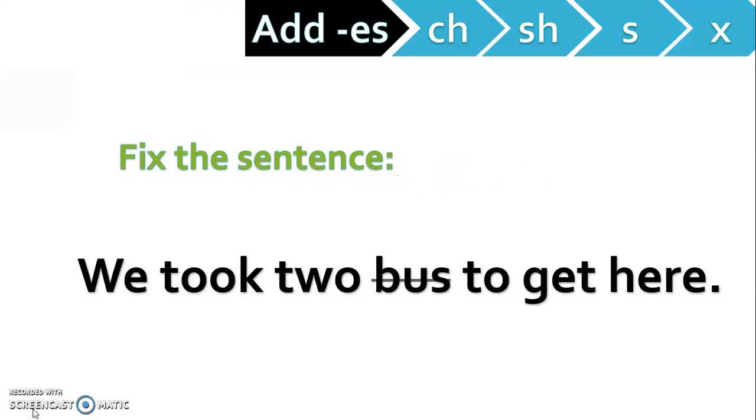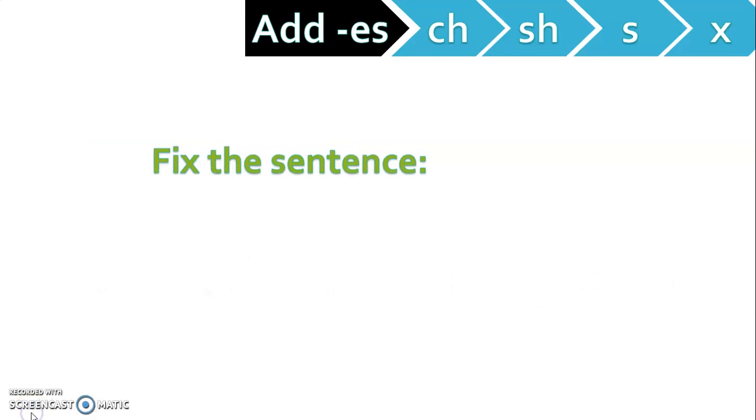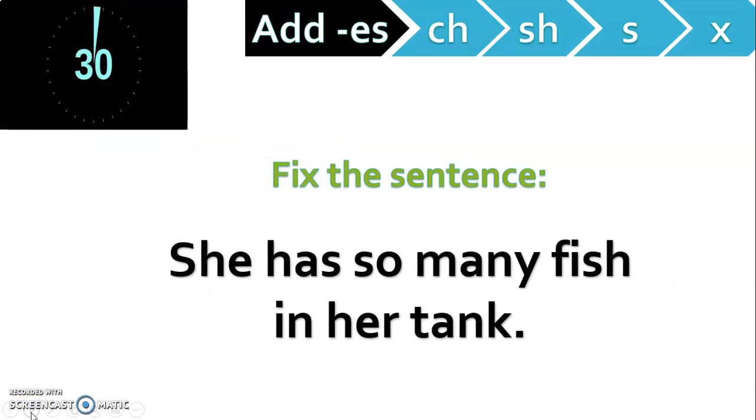All right, loves, let's see. So we took 2 buses to get here. Yeah, so bus ends in s. So looking up here, I know I have to add es at the end. Bus becomes buses. All right, friends, I have total faith in you. Next one. You got this.